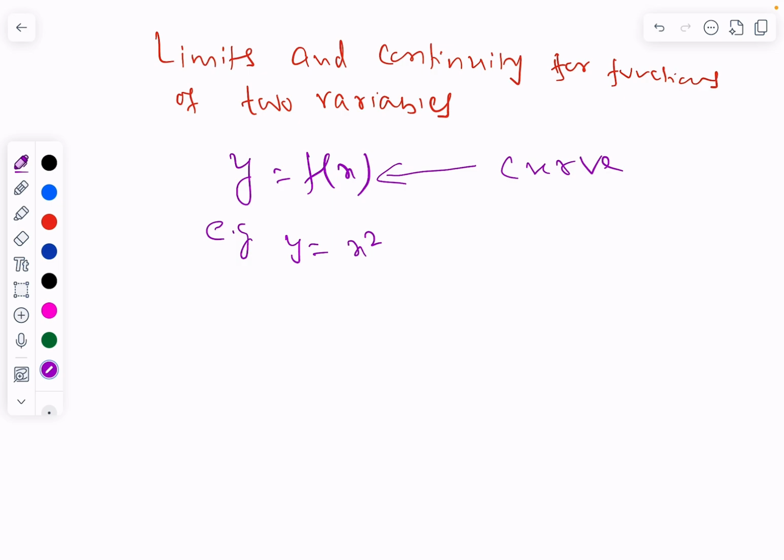Same way, if you have a function of two independent variables, like z equal to f(x, y), then it represents a surface.